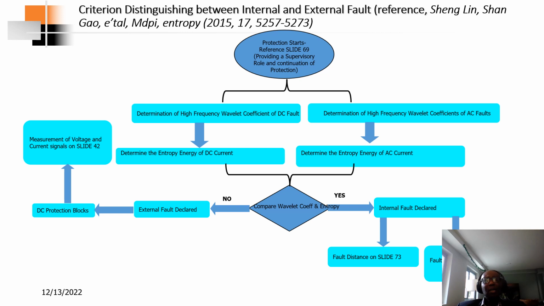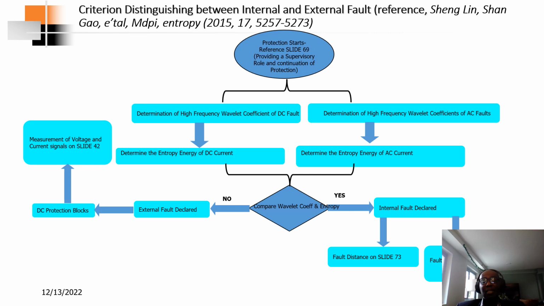Okay, so now let's talk about distinguishing between internal and external faults. As protection continues from slide 69, providing the supervisory role, and as a continuation of these slides, what we do is determine the high frequency wavelet coefficients of the DC faults and AC faults, then determine the entropy energy. Then from there, compare it with the polarity.